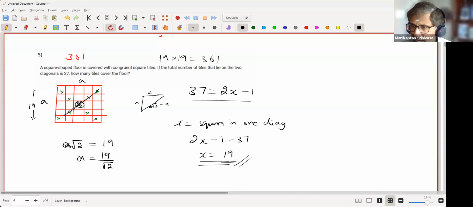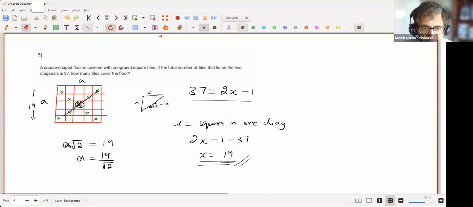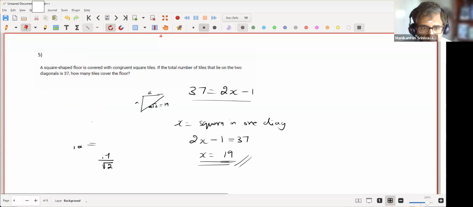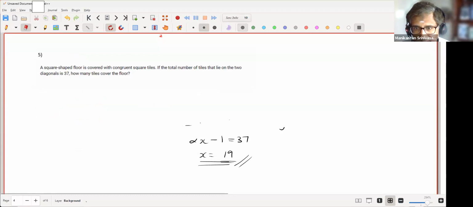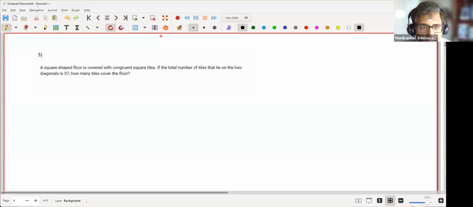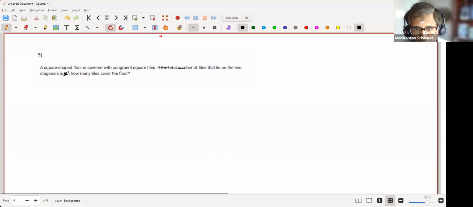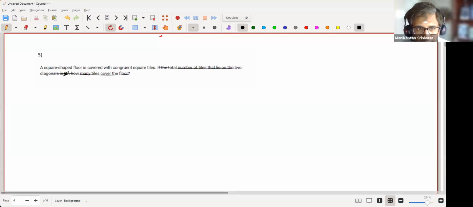Okay, all right. Guys, can I ask an extension question? All of you clear on this one? Solid. Rachit, you're okay? Okay, all right. So I will say, a square-shaped floor is covered with congruent square tiles.